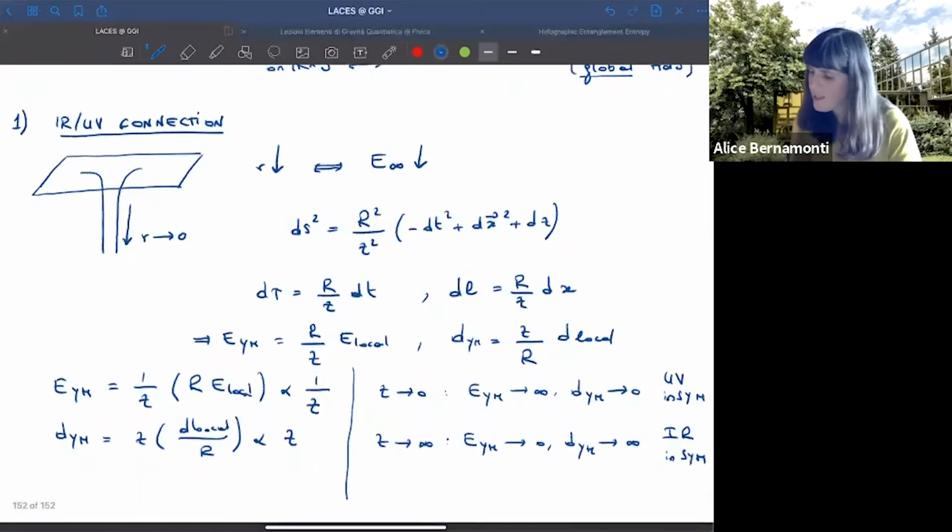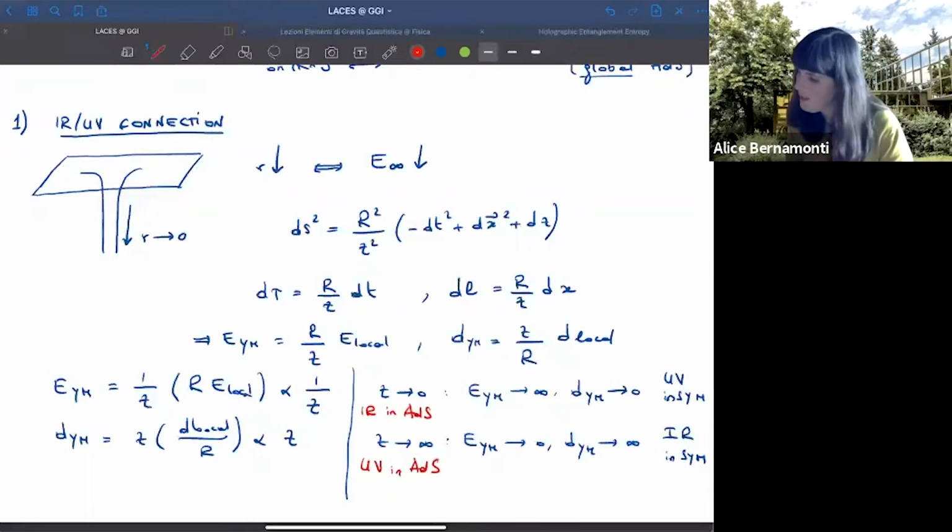But from the AdS point of view, going to z equals 0, so approaching the boundary, actually means going to large distances, and so this corresponds to the IR in the bulk. And similarly, going to the interior corresponds to the UV from the bulk point of view.